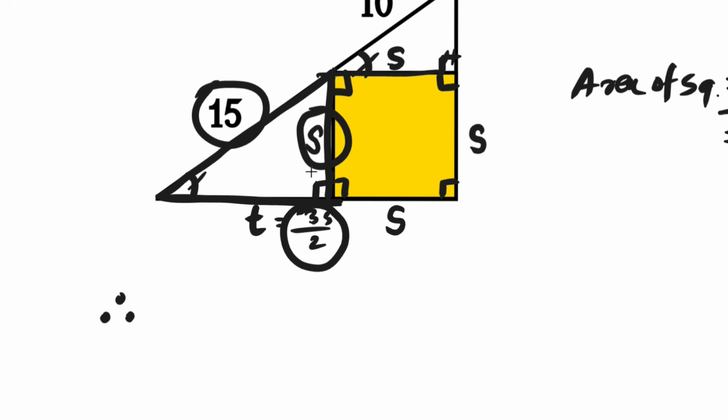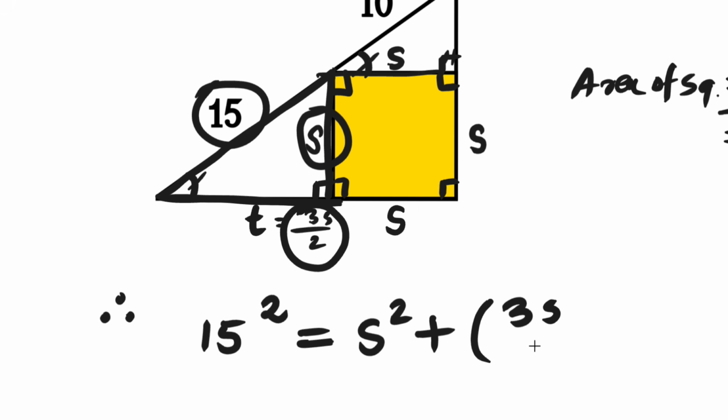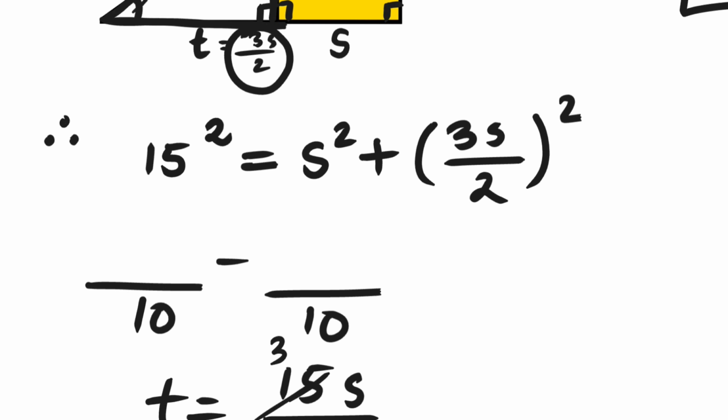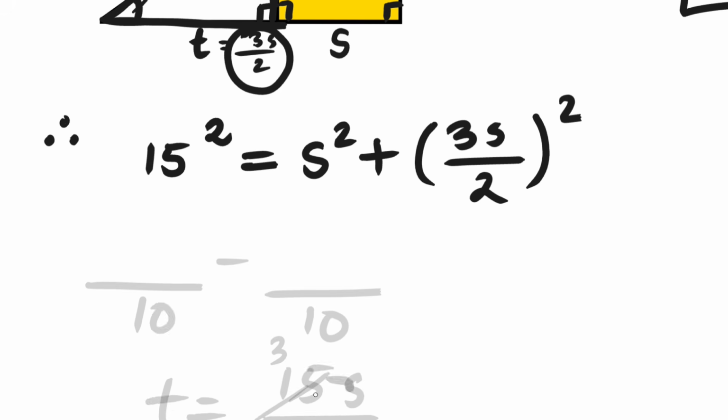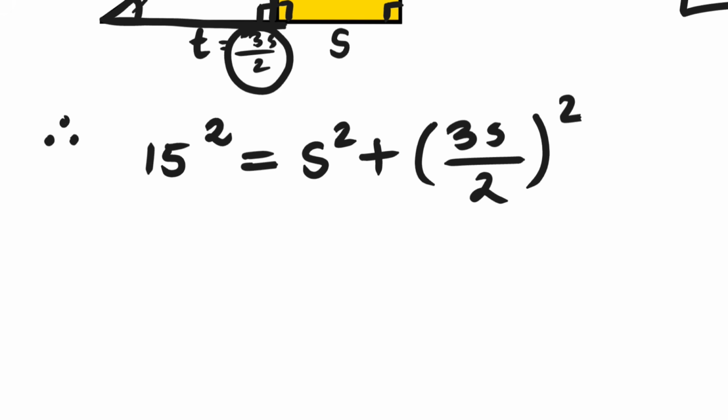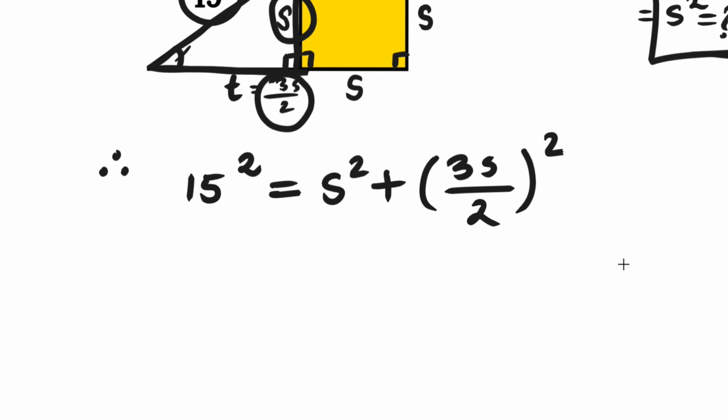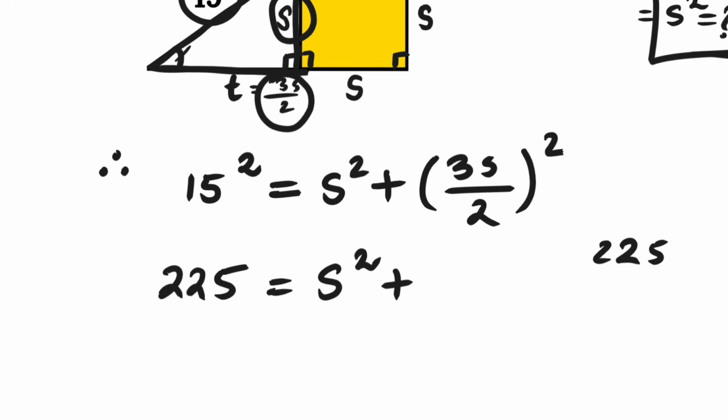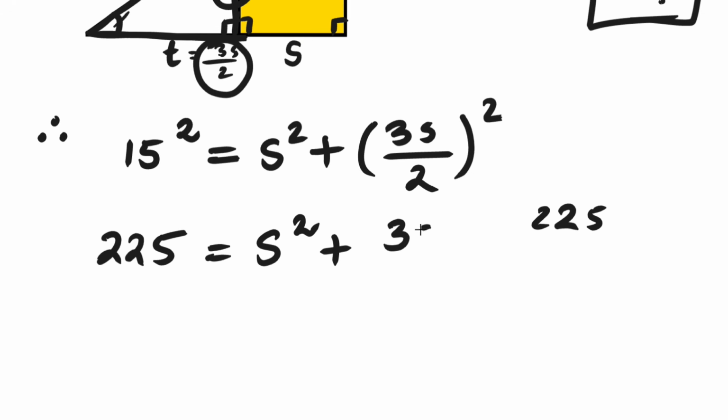Applying that theorem to the left triangle, we get 15 squared equals s squared plus the quantity 3s divided by 2 whole squared. Now, let's simplify each term carefully. 15 squared is 225, so we have 225 equals s squared plus the quantity 3s divided by 2 whole squared.